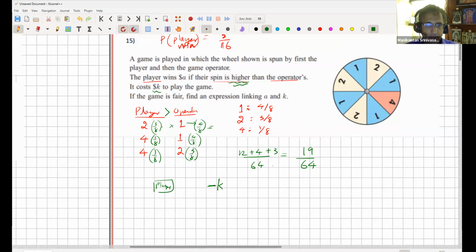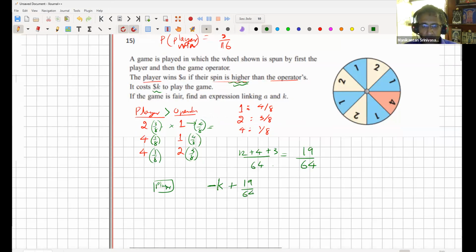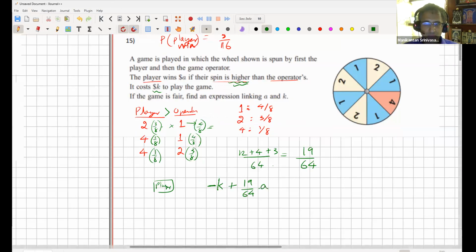So he's down K. And with a probability of 19/64, he will win $A, because if he wins, he gets $A. Now for it to be a fair game, his net profit must be 0 by weighted probability, right? So he's surely losing K, and with 19/64 he'll get back A. So this must be 0, and the rest is simplification.